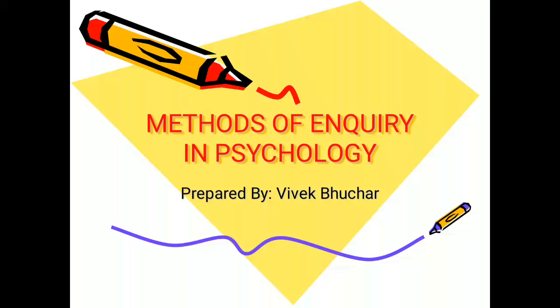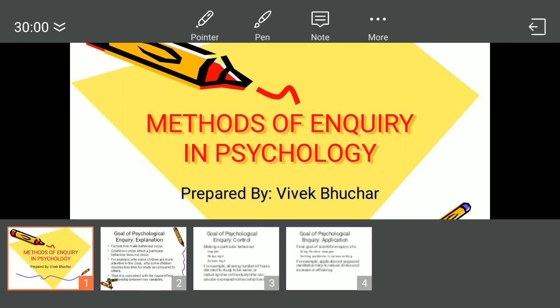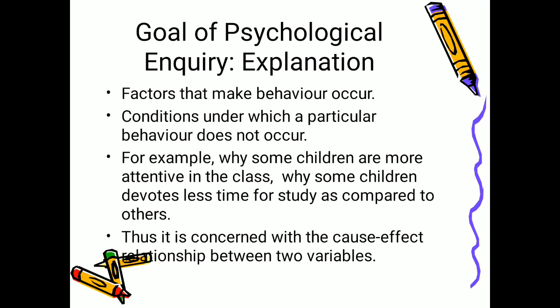For example, in description you describe someone's behavior, and in prediction, on the basis of that behavior you put your analysis, your forecast, of what the behavior can be in the future. On the basis of these two, the third one is the explanation of the behavior.